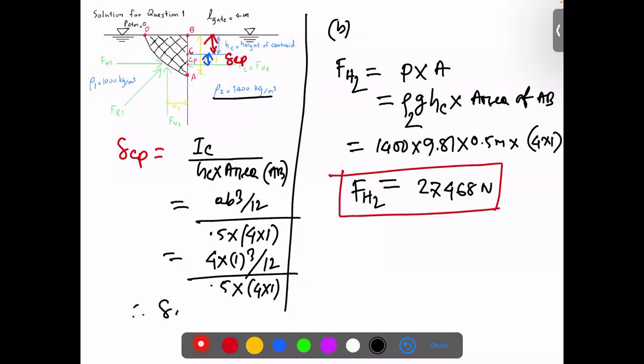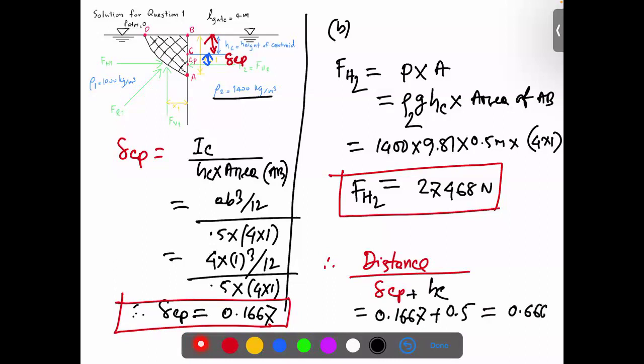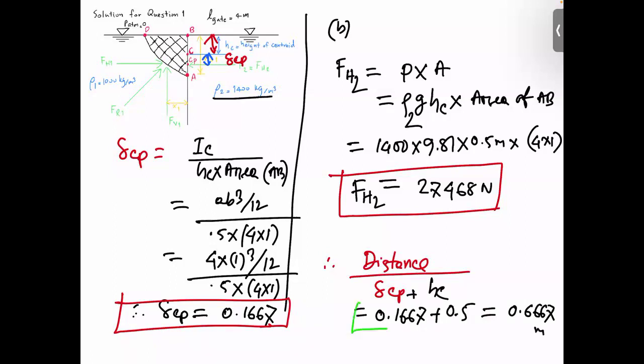So delta Cp will be the same value as here, 0.1667. Because they are both acting in the same position, it will be the same answer. Delta Cp plus hc, so 0.1667 plus 0.5, it should be 0.6667 meter. So this is the solution.